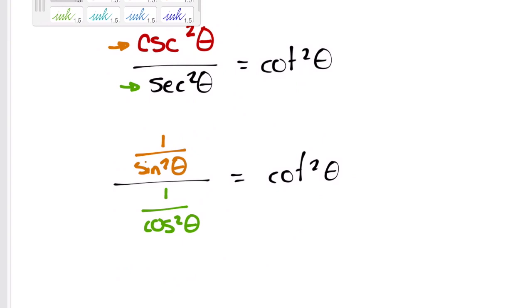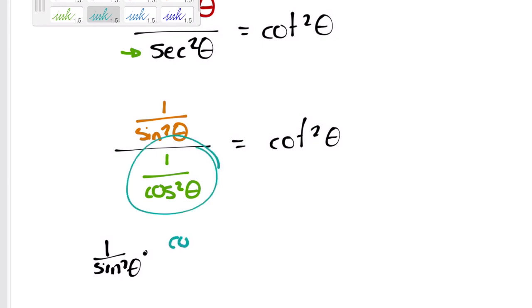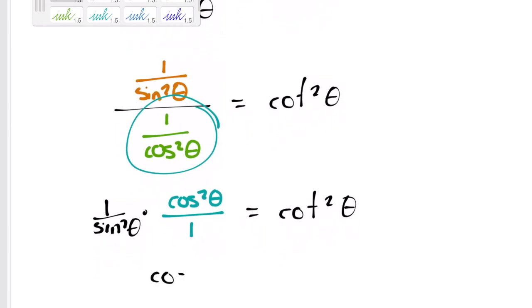And from here, I have a fraction over a fraction, so I'm going to do the same change flip. So I'll have 1 over sine squared theta multiplied by the reciprocal of this, so cosine squared theta over 1 equals cotangent squared theta. And then multiplying this through, I have cosine squared theta over sine squared theta.